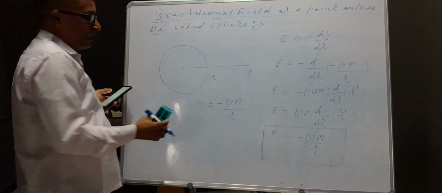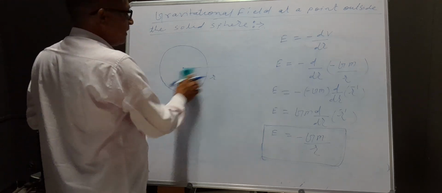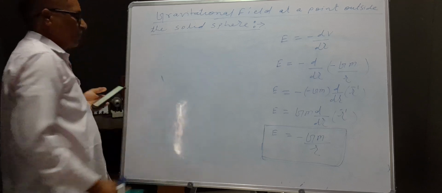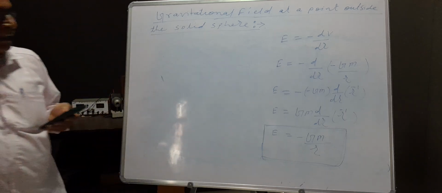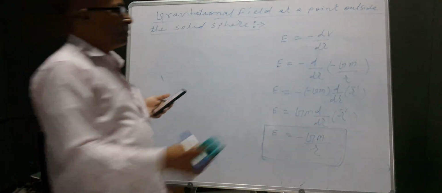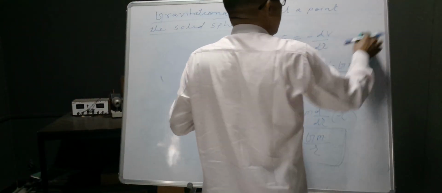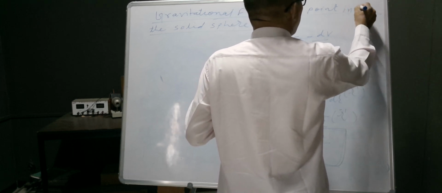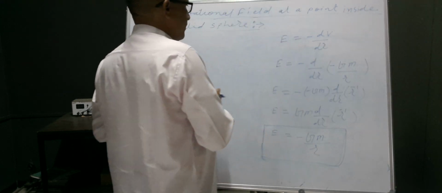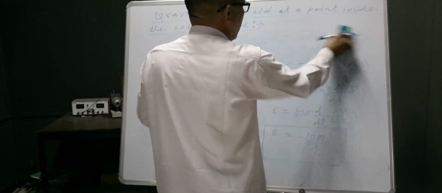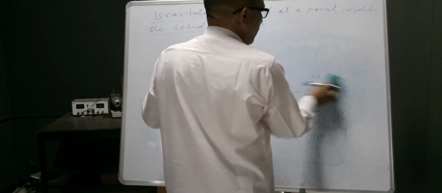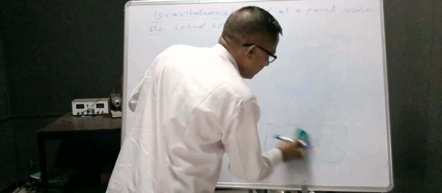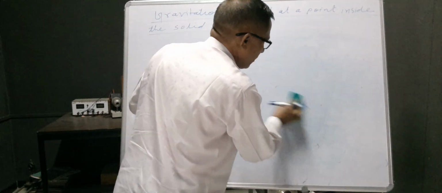Now, the second case is the gravitational field at a point inside the solid sphere. For this, we will consider a solid sphere and the point lies inside the solid sphere.